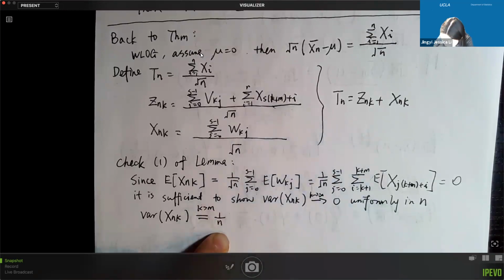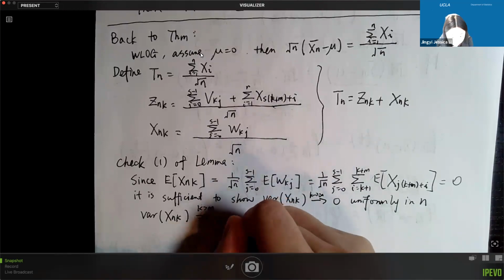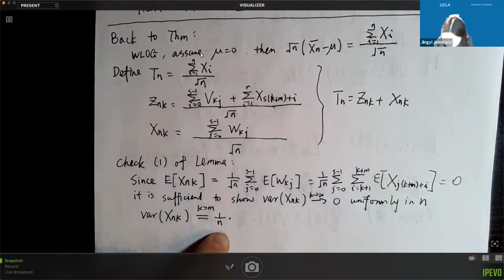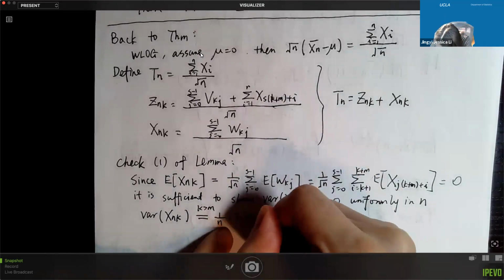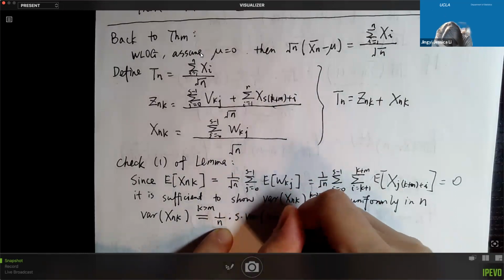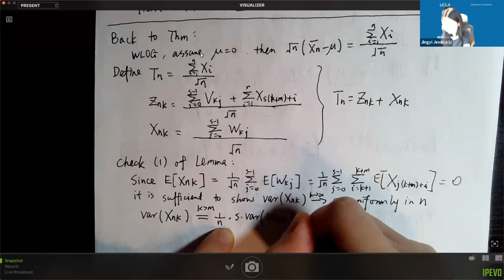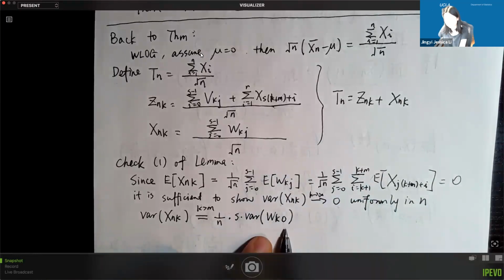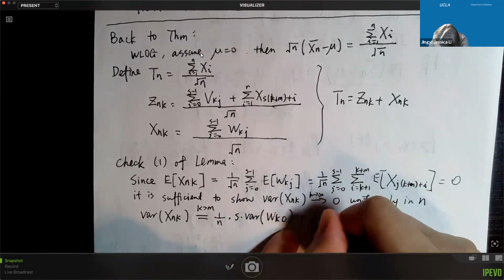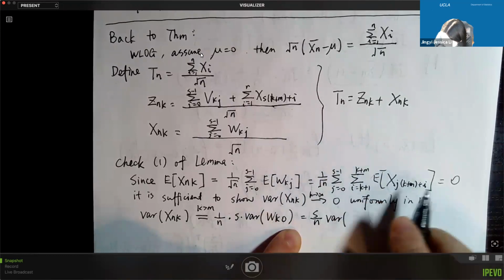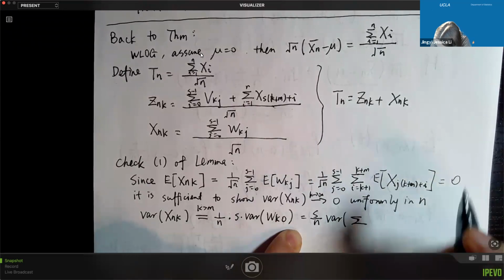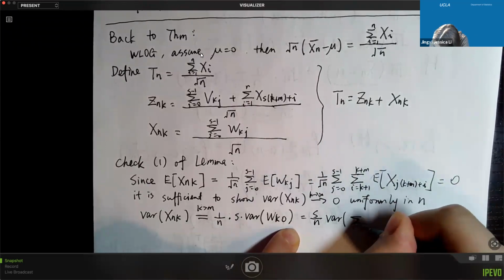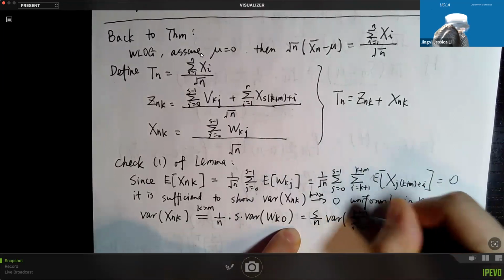So this is equal to (m minus 1) over n times s times the variance of W_{k0}, because they have the same variance. And W_{k0} I can further write as 1 over m times the variance of a summation, where j is now 0, of X_i with i going from k plus 1 to k plus m.